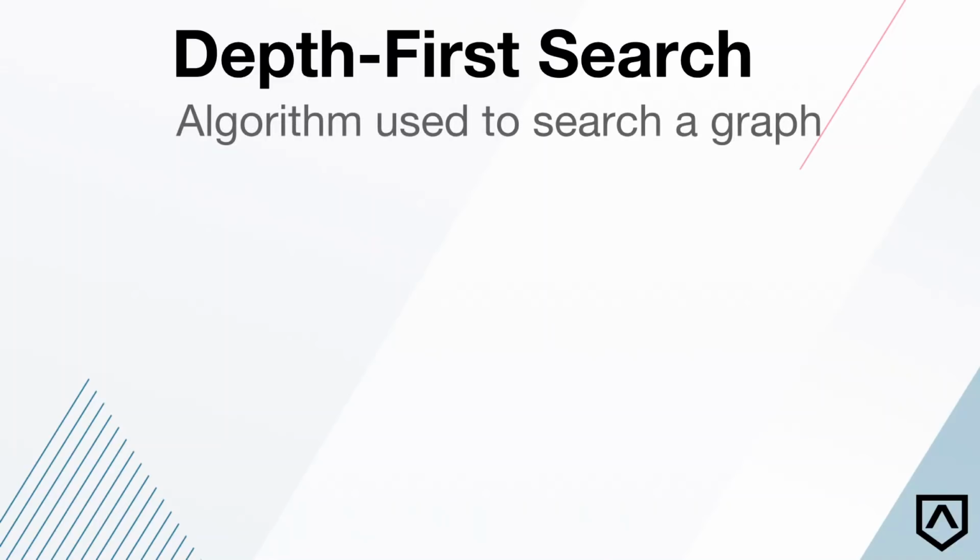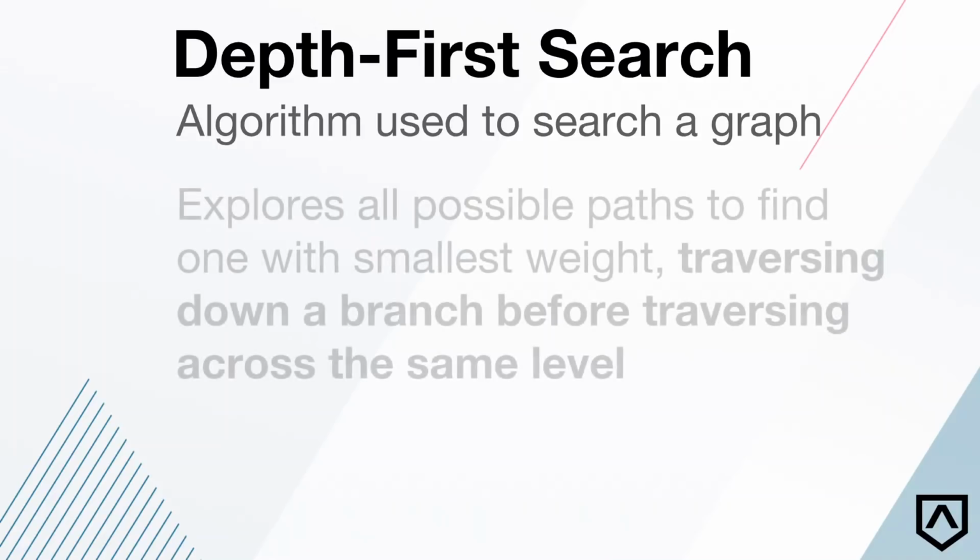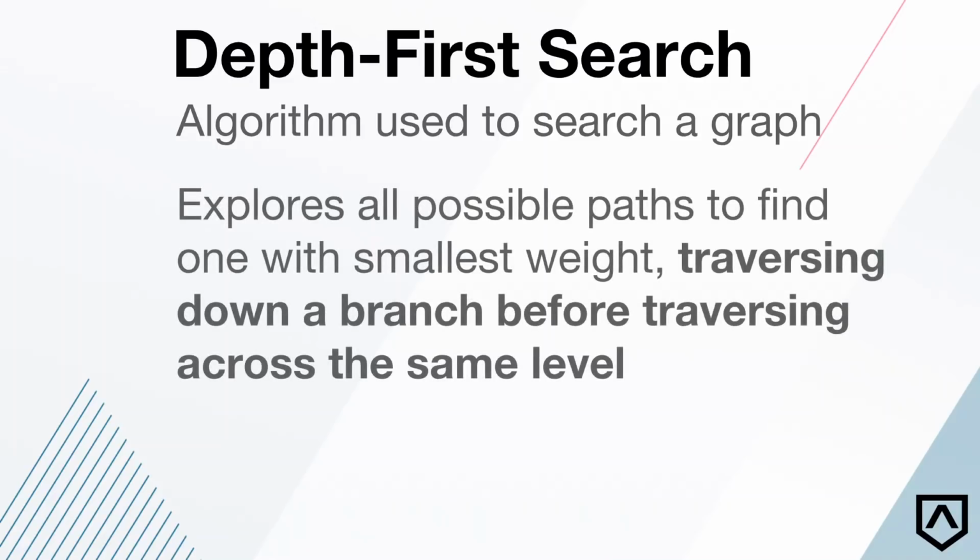So just like breadth first search, depth first search is an algorithm that is used to search a graph. And it can explore all the possible paths of a graph to find the one with the smallest weight. However, as it traverses your graph, it will still start at the root node or at the start node, just like breadth first search does.